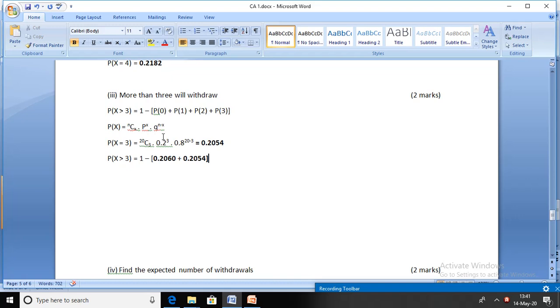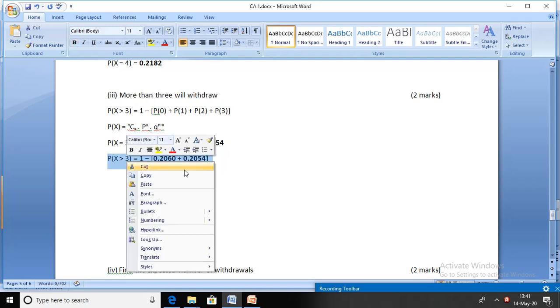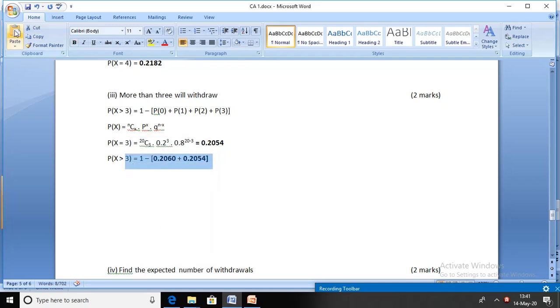1 minus those two probabilities, your final answer should be this and that put together, 0.2060 plus 0.2054.